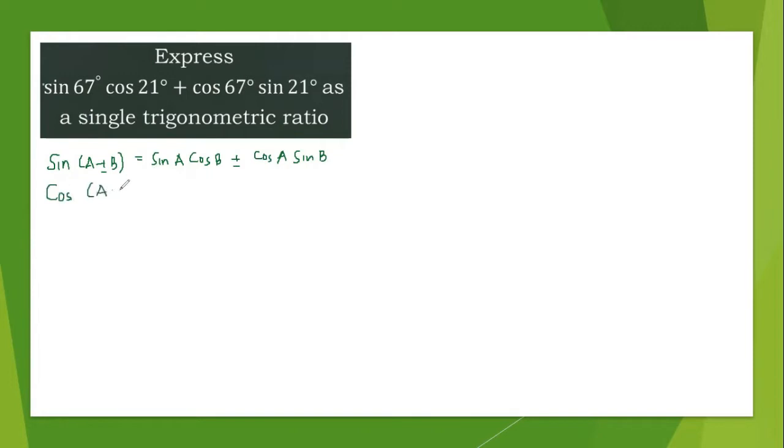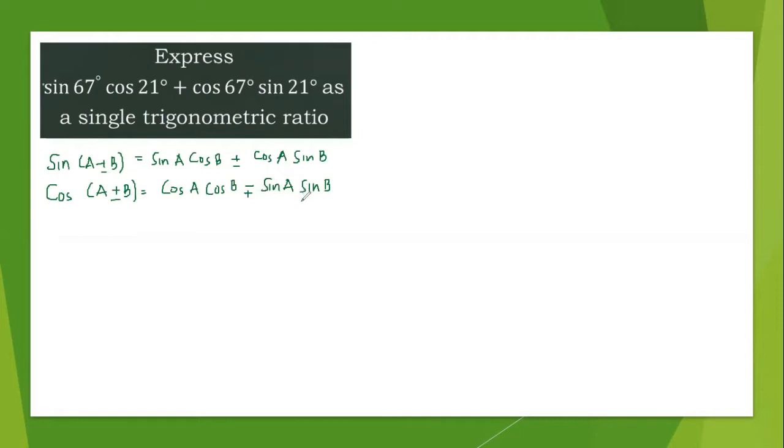Cosine A plus B equals cosine A times cosine B minus sine A times sine B. If this one is minus, here will be positive. That's the reverse sign for the trigonometric.